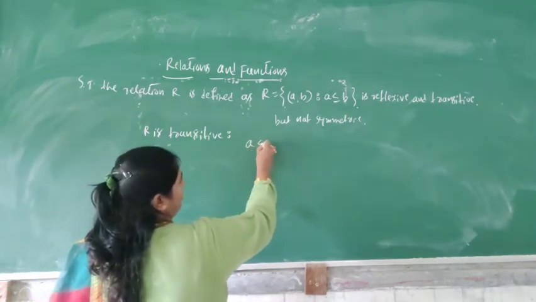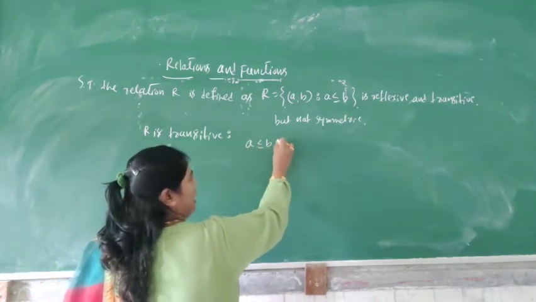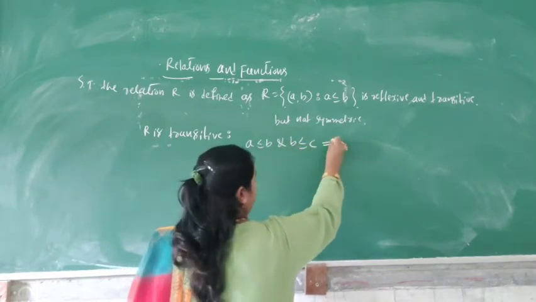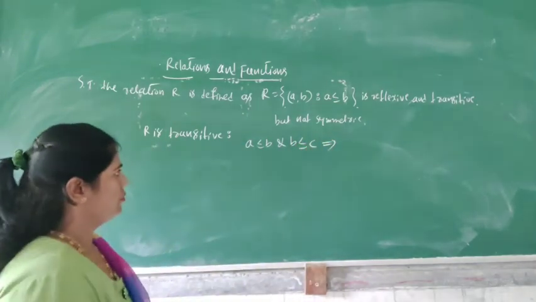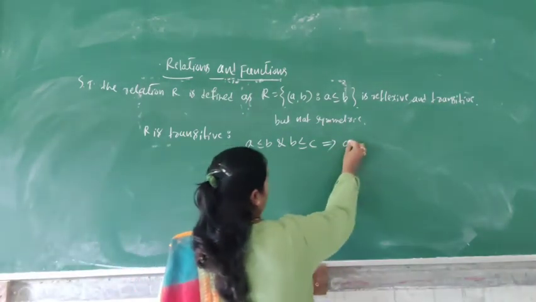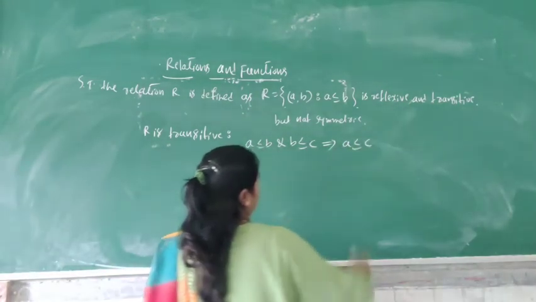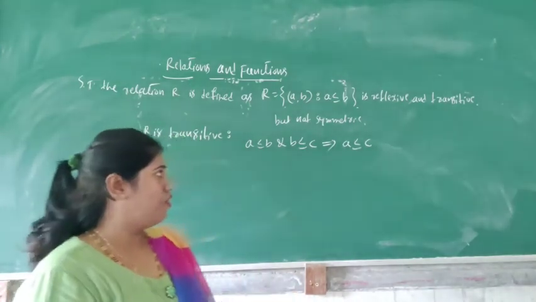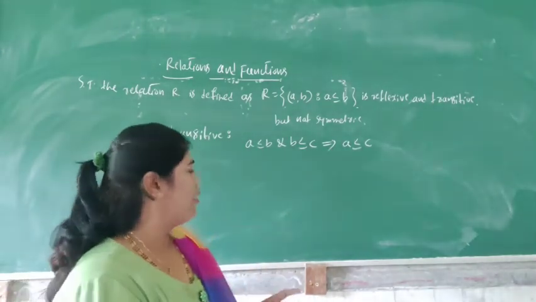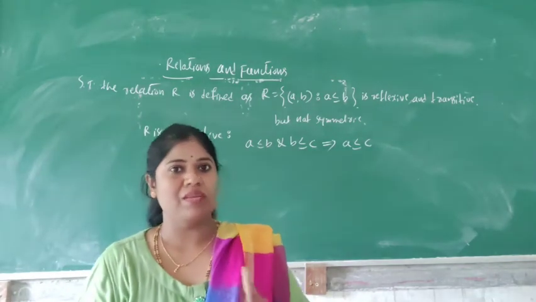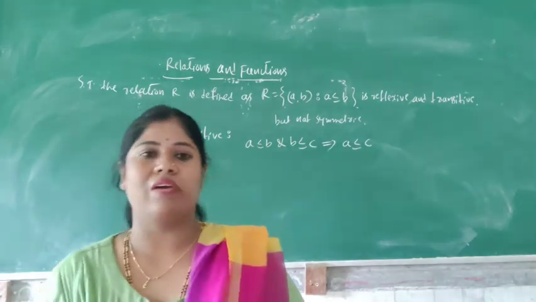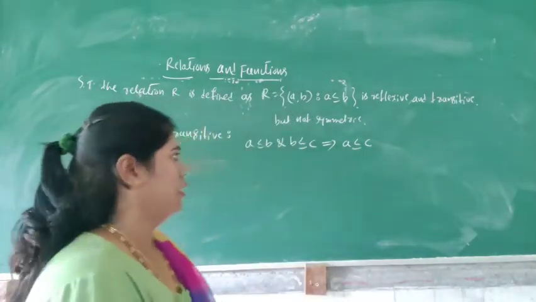If A is less than or equal to B and B is less than or equal to C, implies A should also be less than or equal to C. Correct? No. For all A, B, C belonging to A, AB belongs to R, BC belongs to R, implies AC belongs to R. Okay?